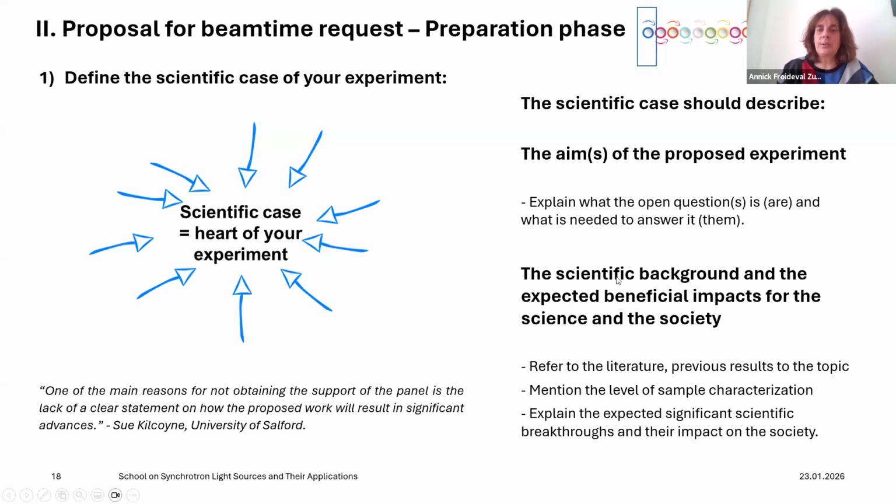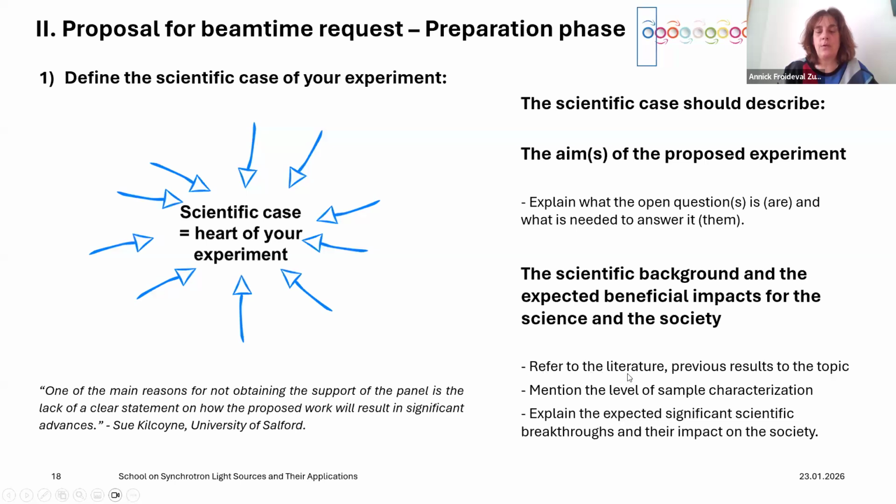What you also do is start to think about the scientific background and the expected beneficial impacts for the science and the society of your given questions. If you are able to answer these questions, thanks to the work together with the team at a Synchrotron, what will you gain? What will be the benefit for you in terms of impacts on the science and the society?